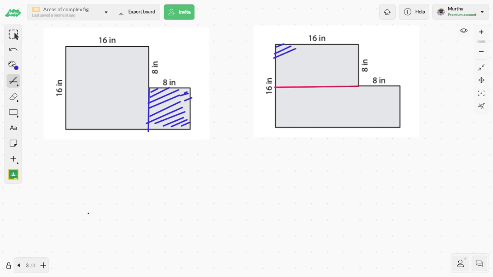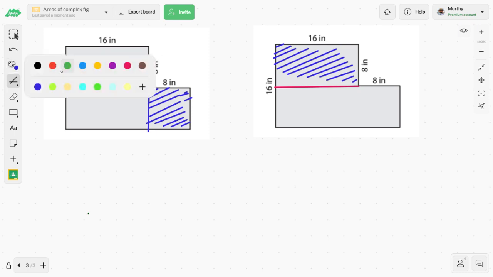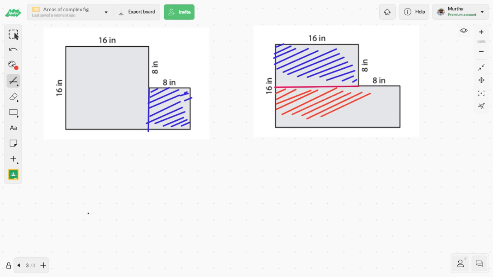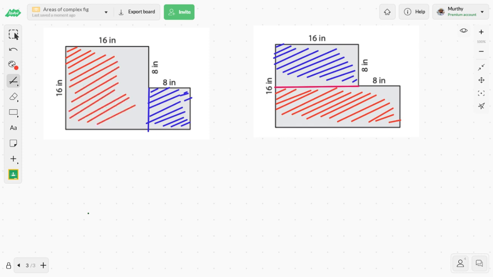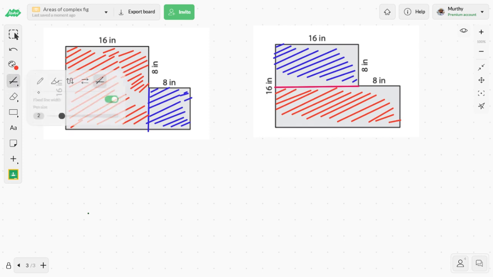So let me consider this one also. Let me use a different color code. First of all, you have to make a plan, which method works. You know, this is how you can make it into two rectangles. After that, this is a very important point. Please pay attention.